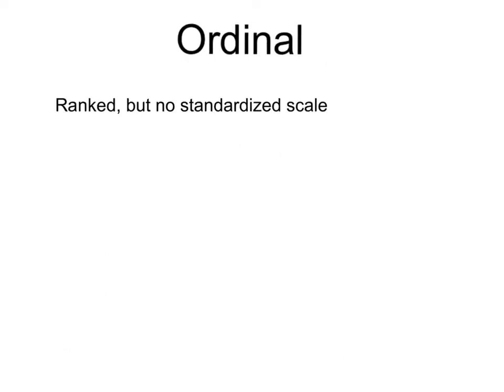The second level of measurement now adds a ranking. So for the first time, instead of just being even groups, we now have somebody is higher than somebody else is higher than somebody else. The example that I give in class is finishing off a race. Who got first place, second place, and third place, and so on. We know that there is a ranking.